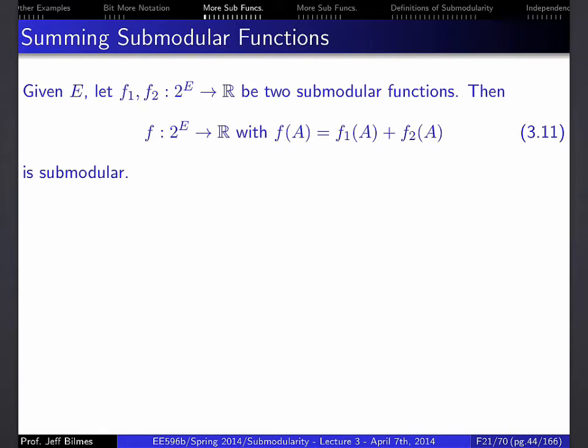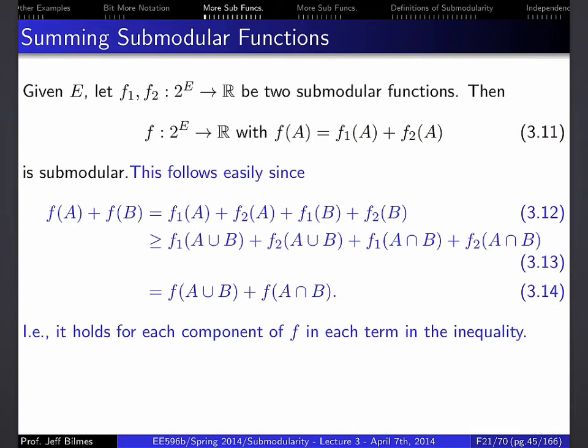Okay, so you can take two submodular functions, f1 and f2, and you can sum them, and you preserve submodularity. So submodularity is closed under summation. And it follows immediately by just writing down the definition, because when you have f1 of a plus f1 of b is greater than or equal to f1 of a union b plus f1 of a intersect b, and same with f2 of a plus f2 of b is greater than or equal to f2 of a union b plus f2 of a intersect b.